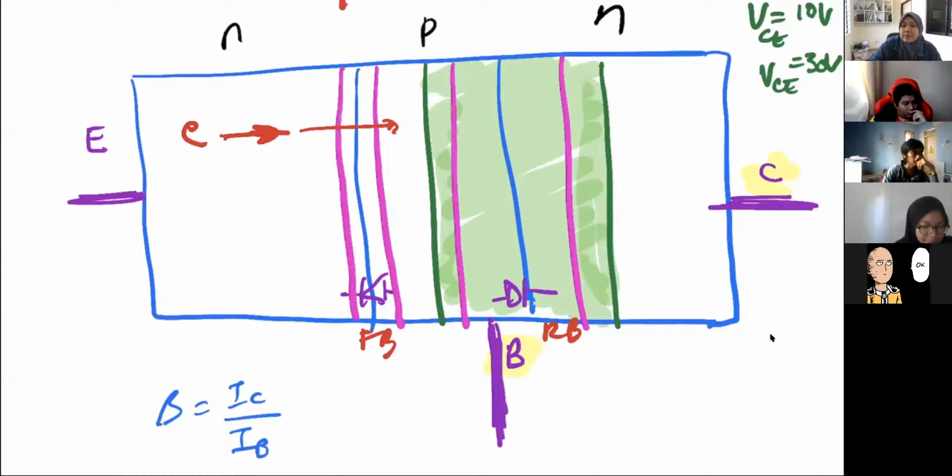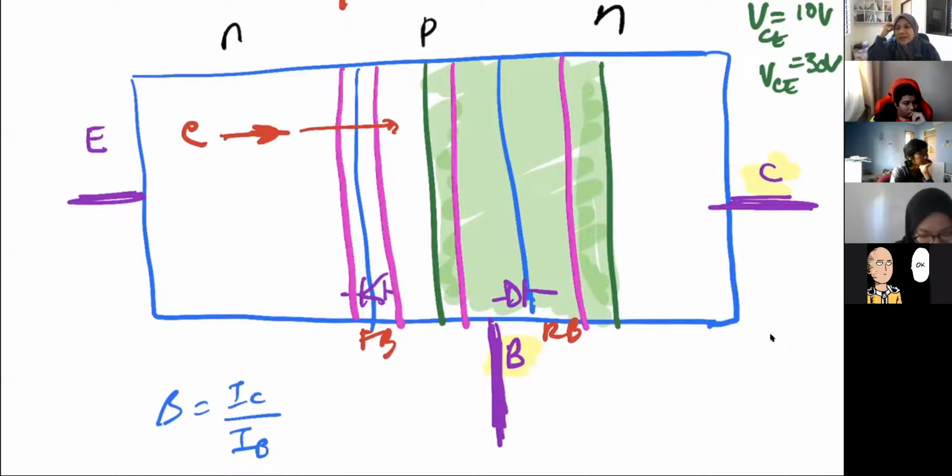Okay, good. Will what? Diffuse? Diffuse ke drift? Drift. Jangan confuse diffuse dengan drift.